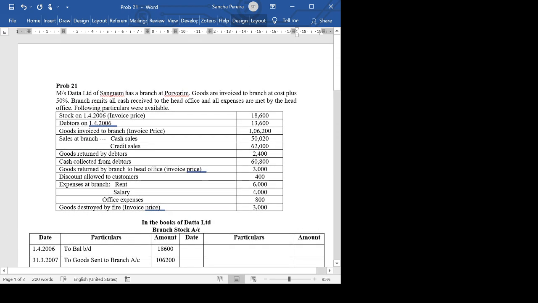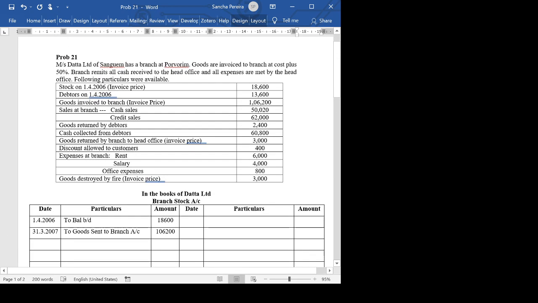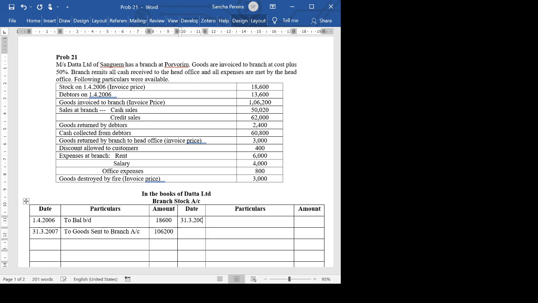Then we have sales at the branch, cash sales and credit sales. So on this side we have 31st March 2007, by cash sales, 50,020, and the credit sales go in the branch debtors account. So I will say by branch debtors, in brackets credit sales, which is 62,000.